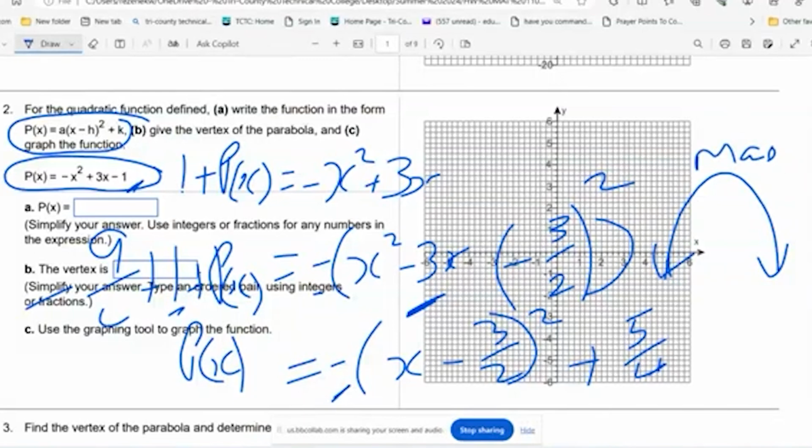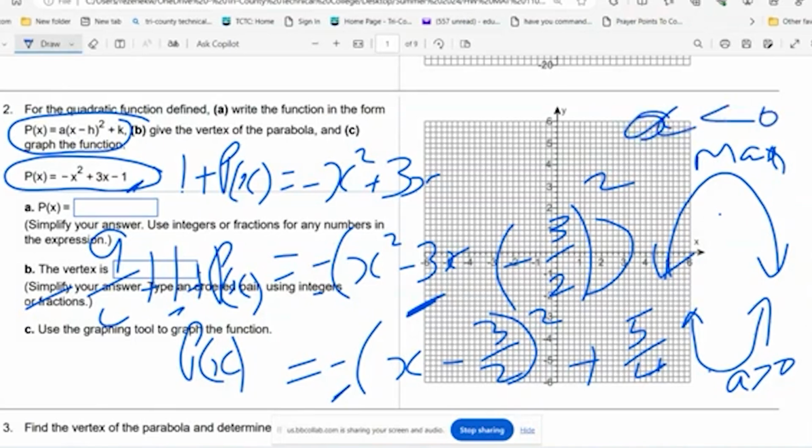If the leading coefficient is positive, the graph is a minimum, concave up. So when the leading coefficient A is greater than 0, we have a minimum. When the leading coefficient is less than 0, it's concave down, a maximum.